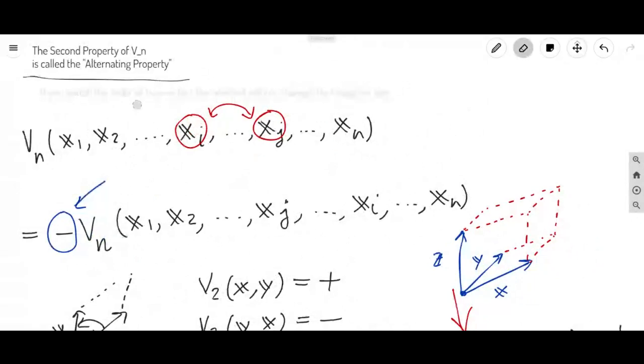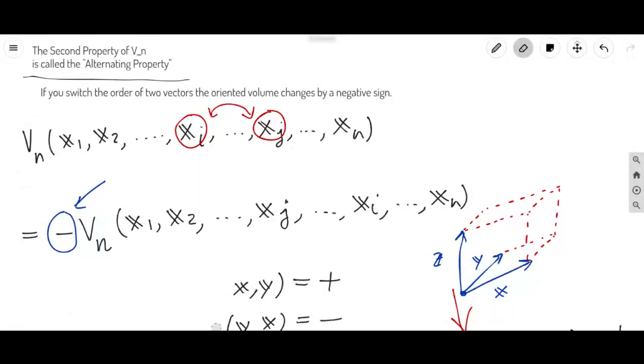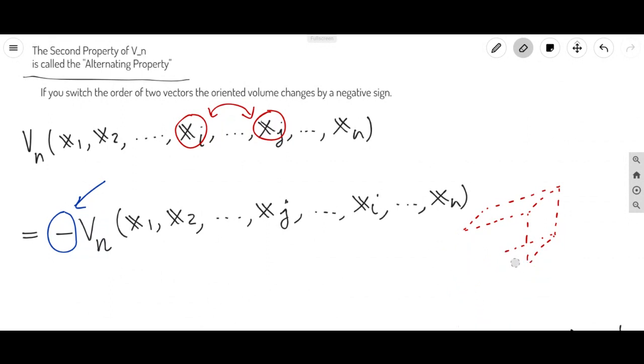And there's a nice consequence of the alternating property that we should mention. So let me get rid of these. I'll keep the property on the board, but I'll get rid of the pictures. So the nice fact of the alternating property is this.